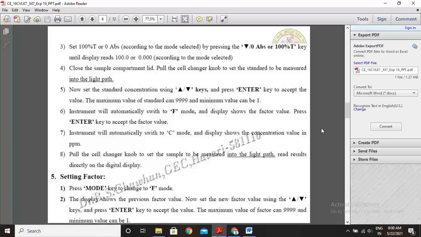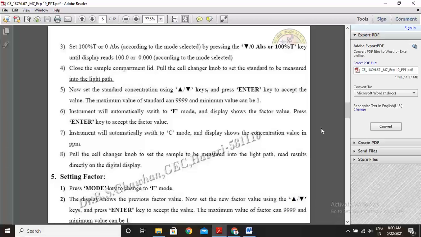Then next step, the instrument will automatically switch to C mode. So after accepting factor value F, the instrument will automatically switch to C mode, and the display shows the concentration value in ppm. That is, concentration we measure in terms of ppm, where 1 ppm equals 1 milligram per liter.